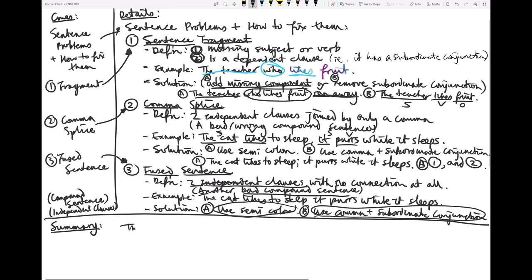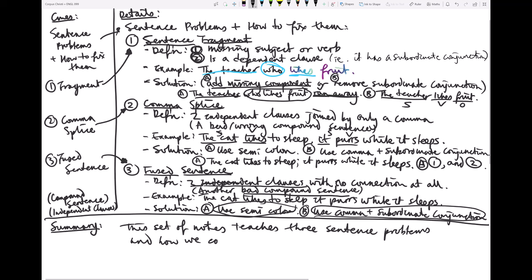So this set of notes in my summary teaches 3 sentence problems. And how we can fix each one.